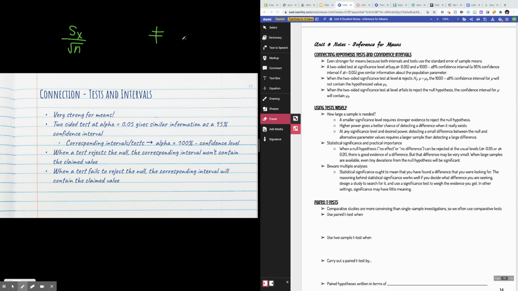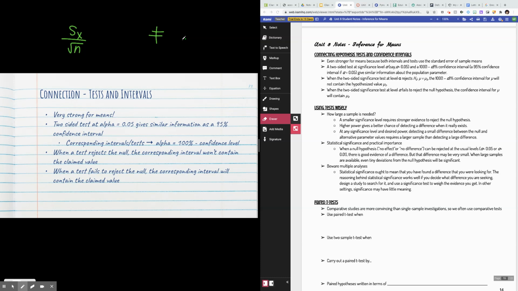In corresponding intervals and tests, the alpha value is usually 100% minus the confidence level. You're going to get similar information from those two things, okay?